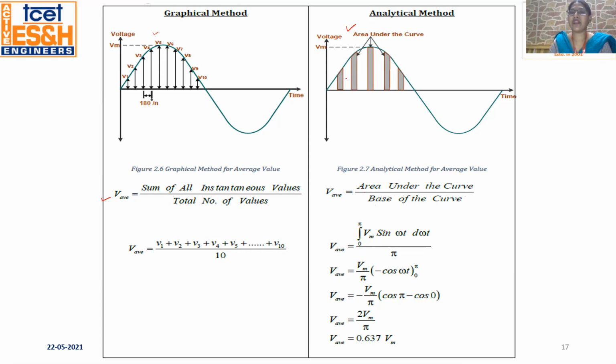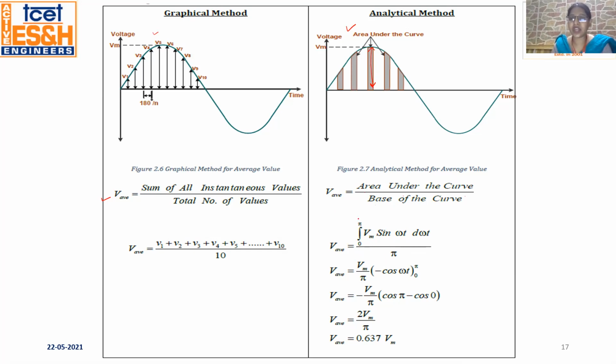So how can you find the area of the curve? Take the integration of the complete waveform. Vm sine omega t is the pattern. Here, this is the Vm and it follows the sine waveform. So integrate from 0 to pi of Vm sine omega t, divided by the base of the curve, that is pi.